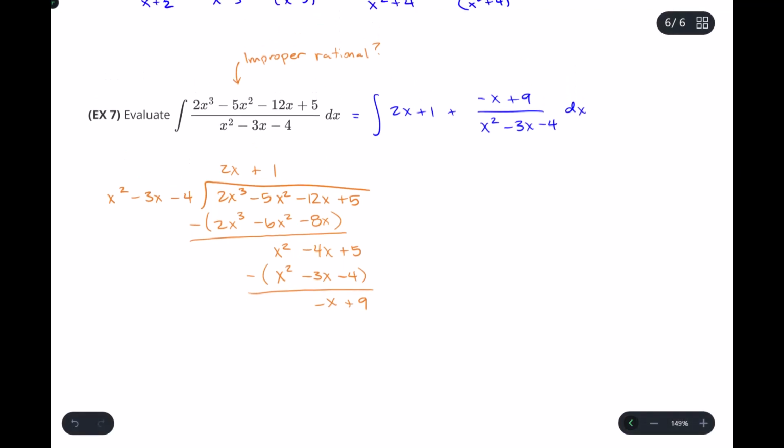And this is called a mixed rational. And the reason we call that a mixed rational is that it's the sum of a polynomial part, think of that as kind of like a whole number, plus a proper rational.